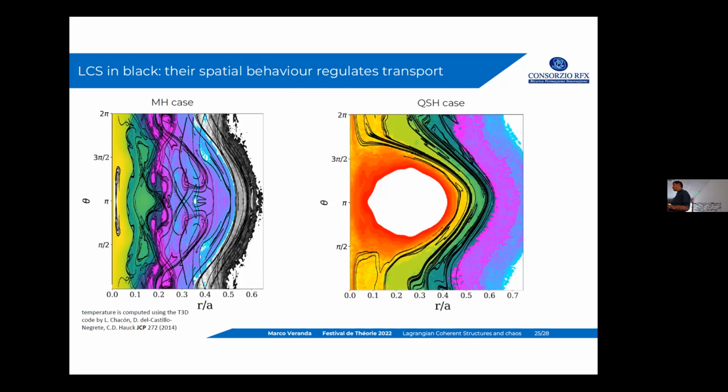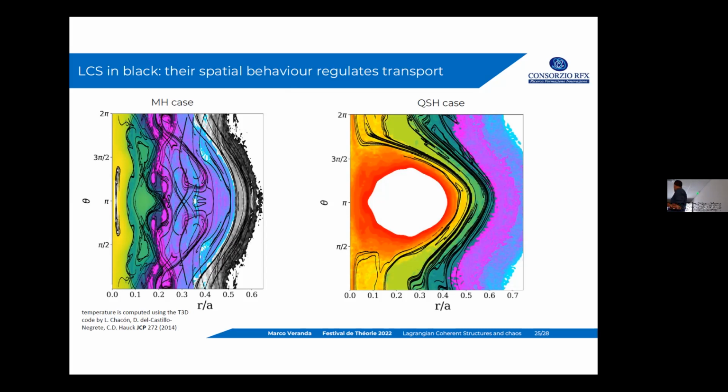We observe profiles that are compatible with the experimental ones, but at the moment we are not able with our simulation to reach the Lundquist number that is present in the experiments, and also the anisotropy in the heat diffusion coefficient, which is up to a level of 10 to the 11.